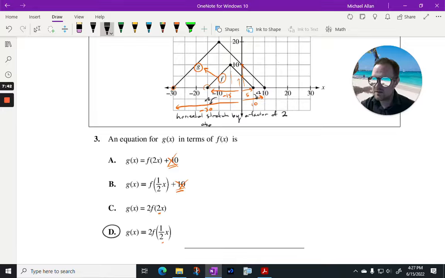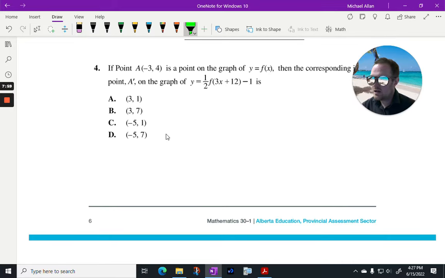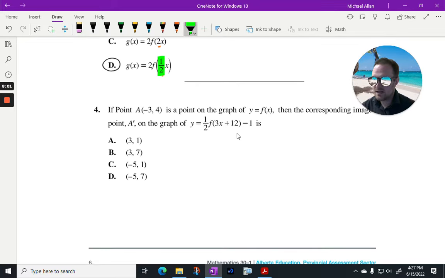I'll complete it about the y-axis. Okay, there you go. So very important. Okay. So by a factor of 2, which gives us this little piece here. Okay. If there's a point on the graph, blah, blah, blah, and then the corresponding point after all of this.